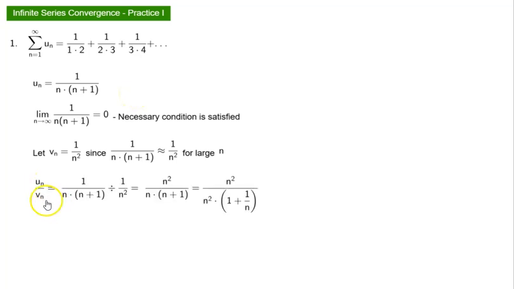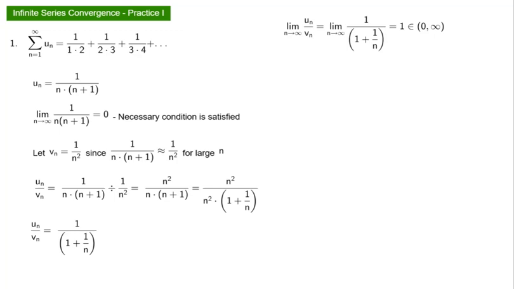Now let's take the ratio u sub n by v sub n. So 1 by n times n plus 1 divided by 1 by n square, which gives us n square by n times n plus 1. N we can take it out so that it becomes n square times 1 plus 1 by n. N square cancels and we have u sub n by v sub n is equal to 1 by 1 plus 1 by n.